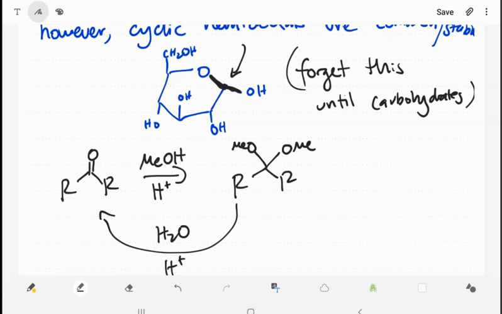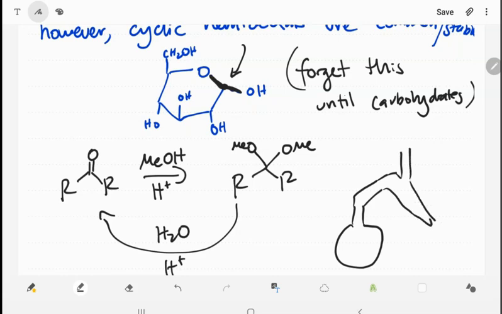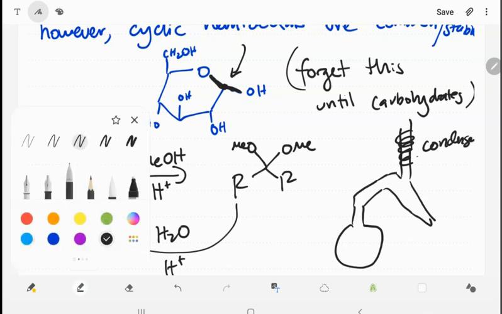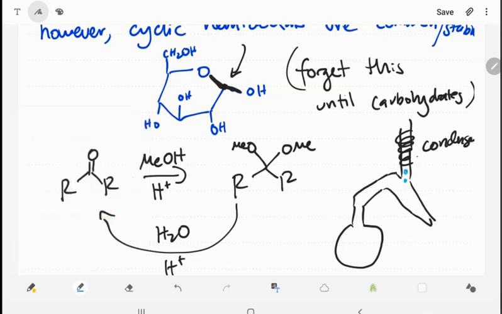How that looks. Okay, this is ugly, but here is our condenser up here. As things condense, they drip down into here.